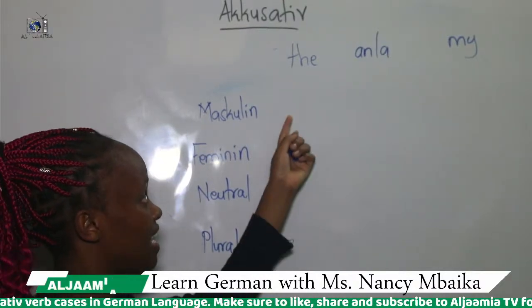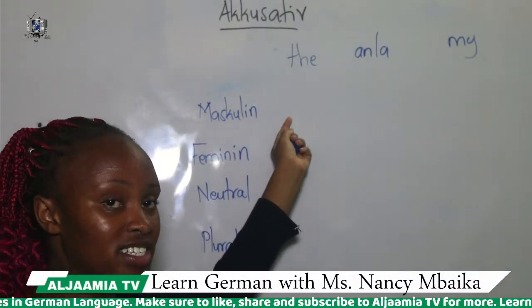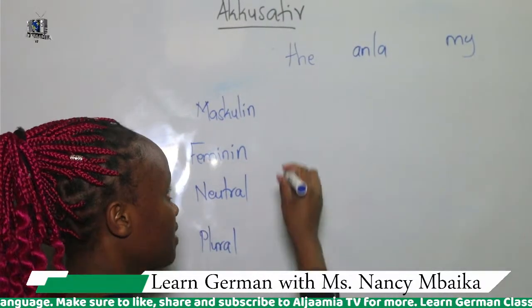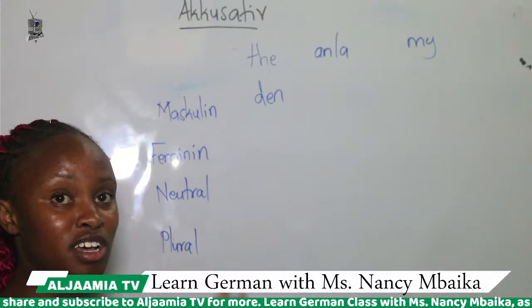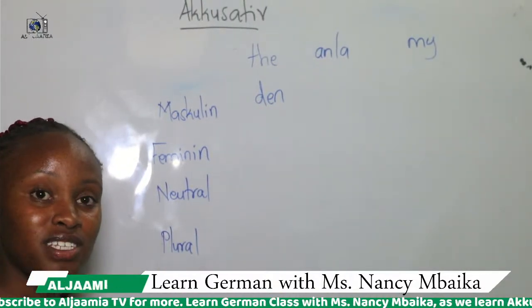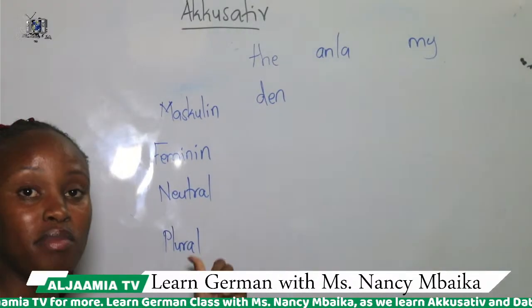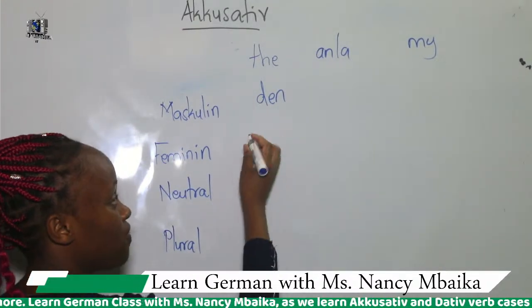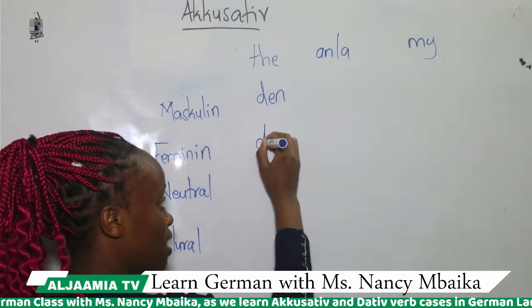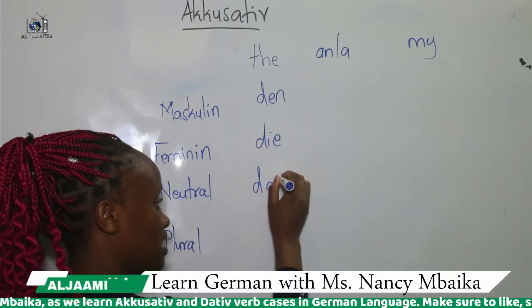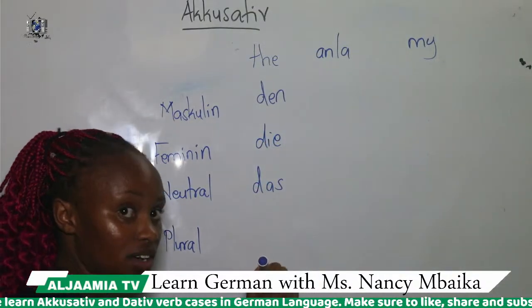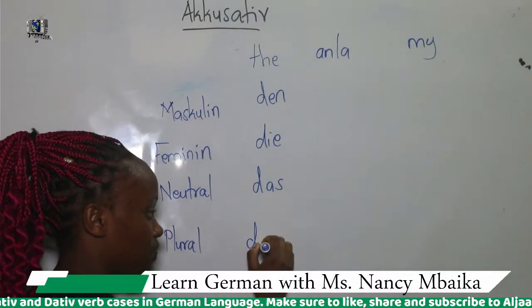So the masculine, now our der, it's going to change to den. And that is it that you're supposed to know. The other articles remain the same way they were in the nominative case. So for the feminine die, it will remain to be die. Neutral das will remain to be das, and plural die will remain to be die.